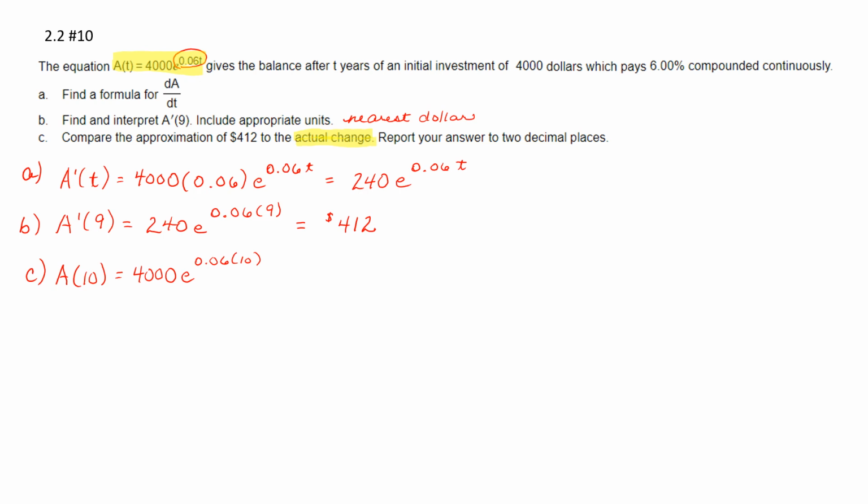And this one, they are asking us to round to 2 decimal places. So that will give us $7,288 and 48 cents.